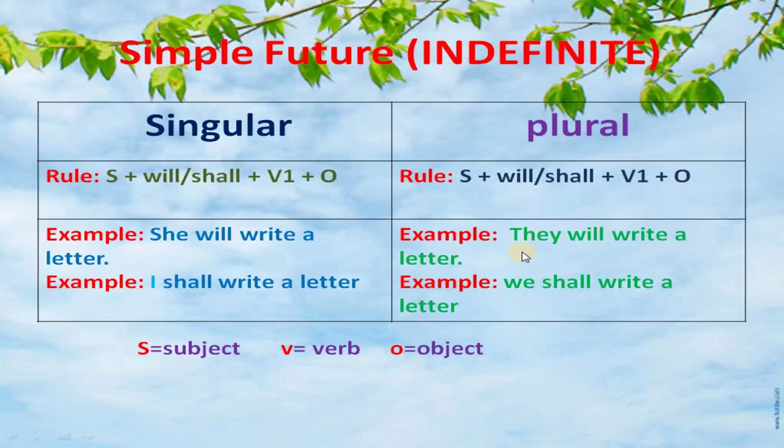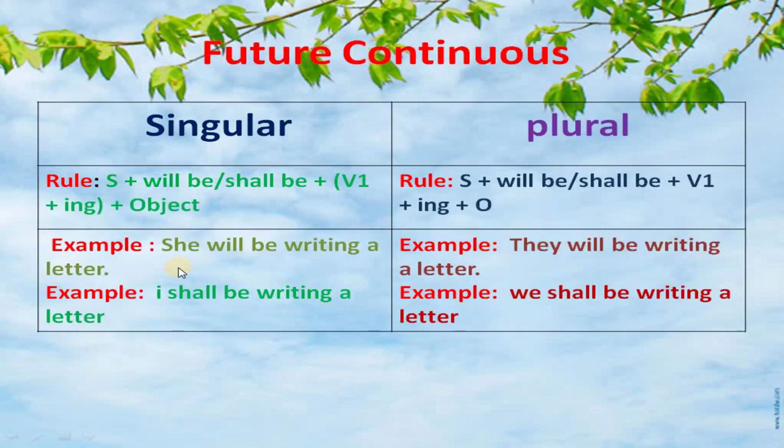Next one is, we shall write a letter. So these are the examples for the plural forms. Same in future continuous tense, singular form. Subject plus will be or shall be plus V1 plus ing plus object.